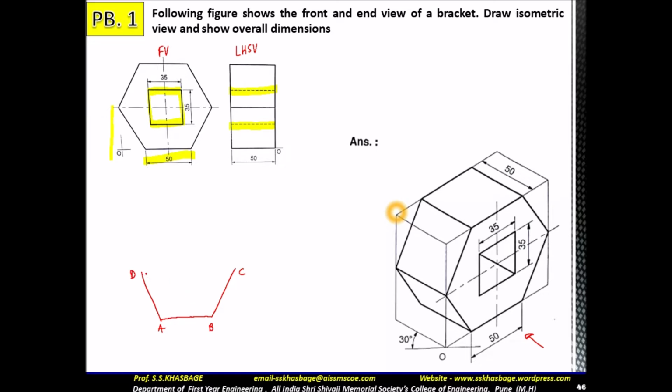Then we have to join C and D with a central line, and we have to take a perpendicular from the midpoint of AB, suppose point M, as shown in the given diagram, to the central point.